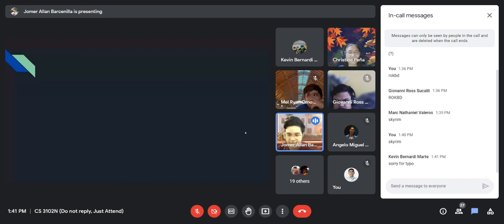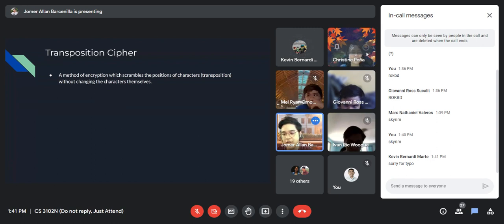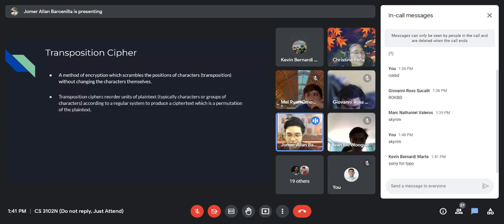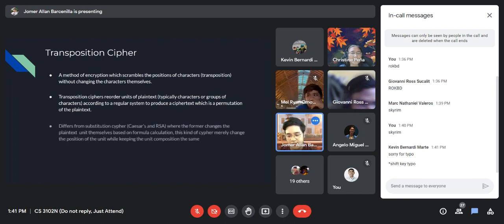Our next cipher is the transposition cipher. Transposition cipher is a method of encryption which scrambles the position of the characters without changing the characters themselves. A transposition cipher reorders the units of plain text according to a regular system to produce a ciphertext, which is a permutation of the plain text.